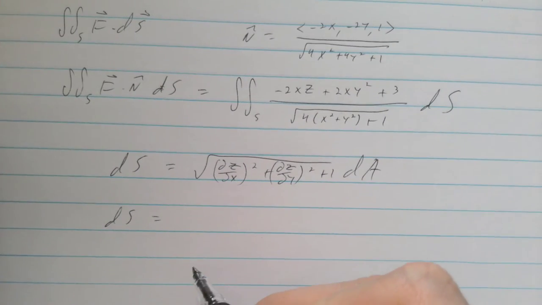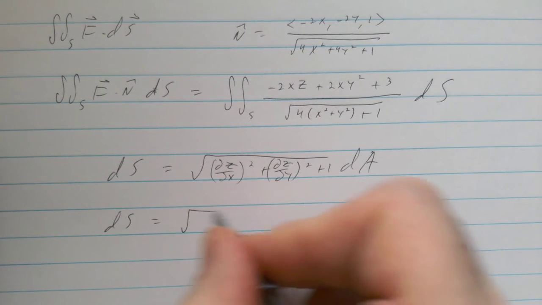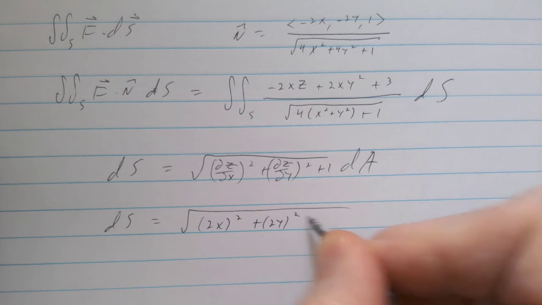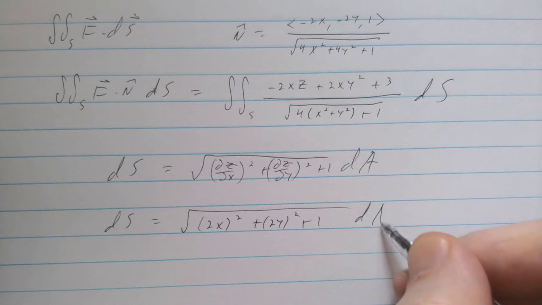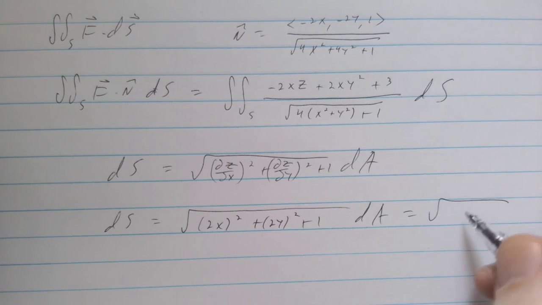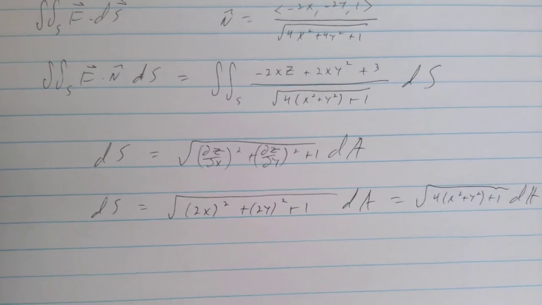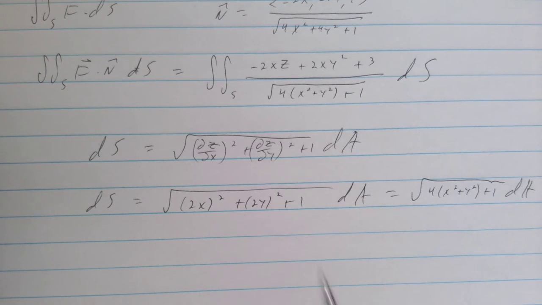So this will be the square root of (2x) squared plus (2y) squared plus 1 dA. And that will just be the square root of 4x squared plus 4y squared plus 1. Don't really need to factor because it's going to cancel, but put it there. It generally does cancel.